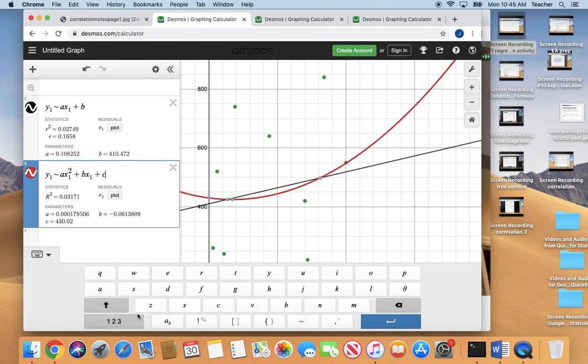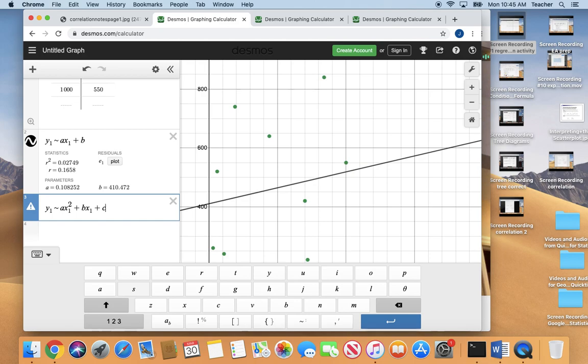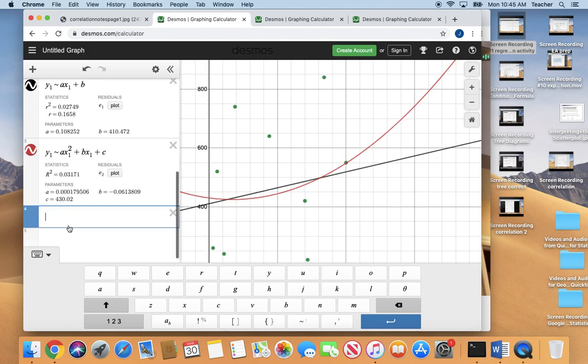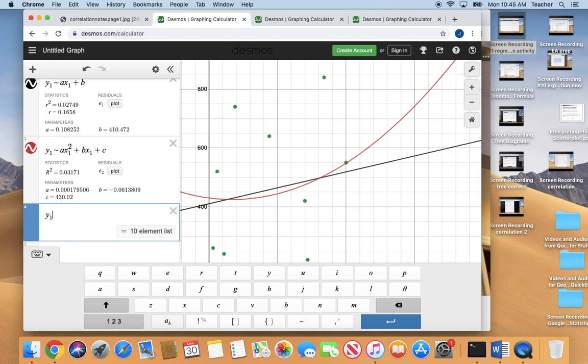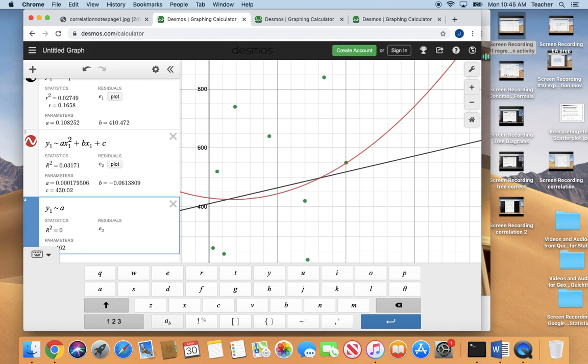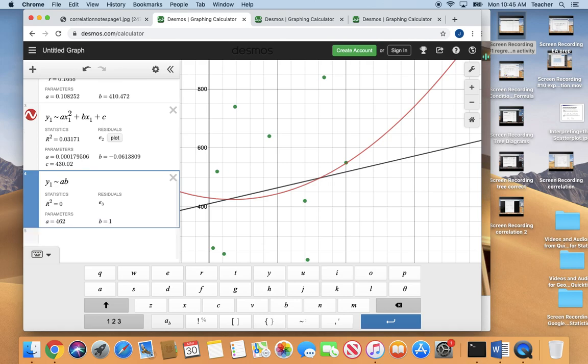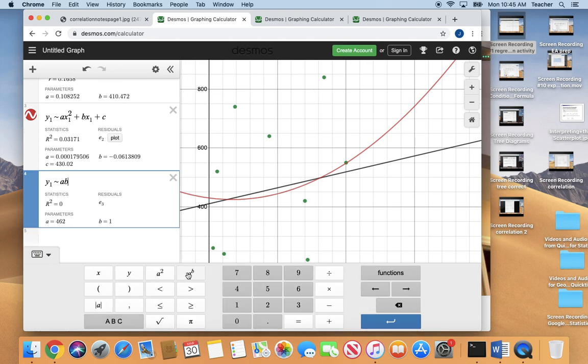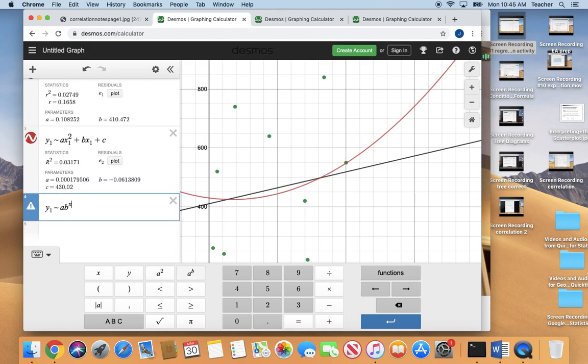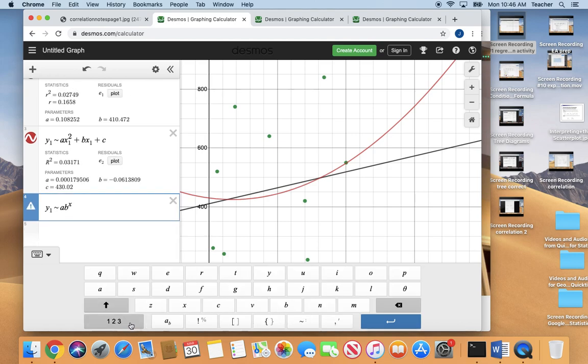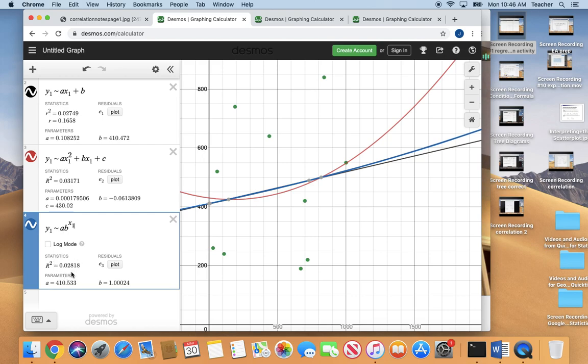If I did y1 is approximately equal to a, b to the x, 1. So if I do an exponential regression equation on here, you'll notice that I only get an r squared. Again, the number is super close to 0, showing me that this doesn't really have any correlation at all.